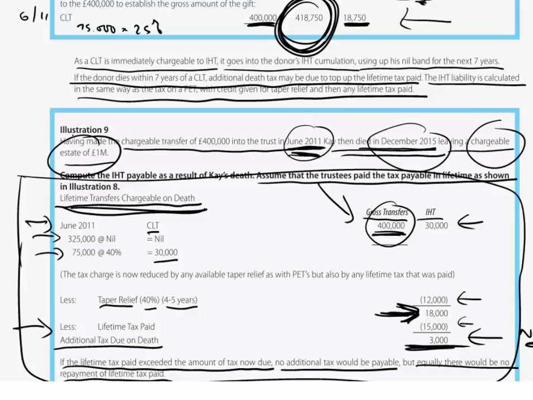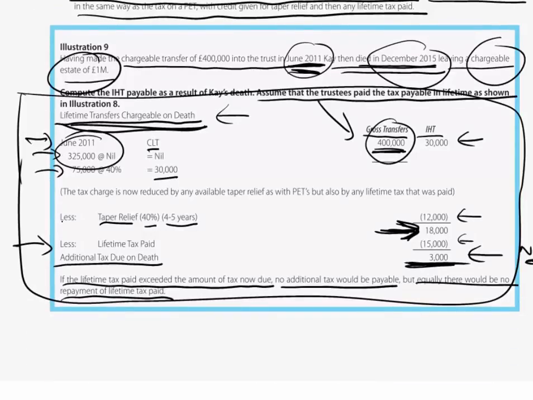How would we do that? Is there any nil rate band left to go against the death estate? Answer, no. Lifetime transfers chargeable on death have used up all of the nil rate band, meaning that now, if you were showing the computation for the chargeable estate, it's £1 million, and all of that £1 million would be at 40%.